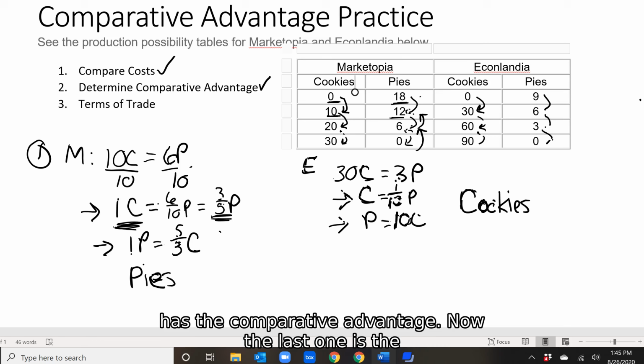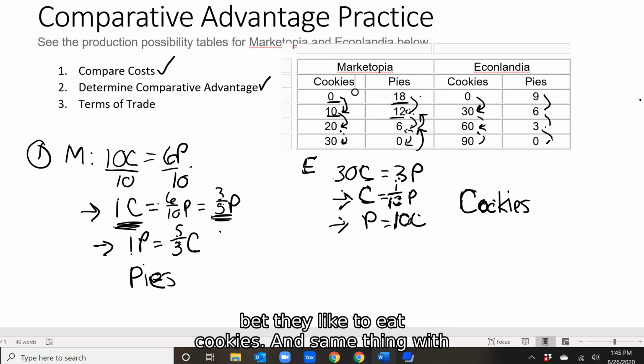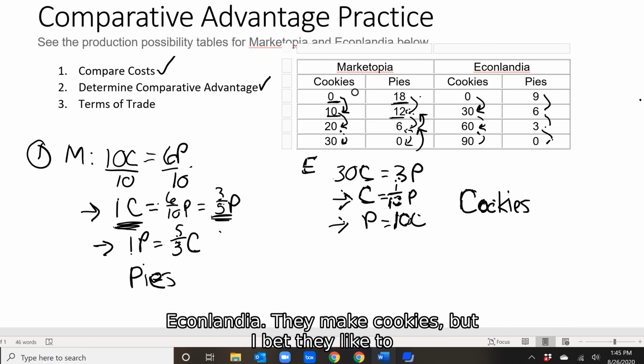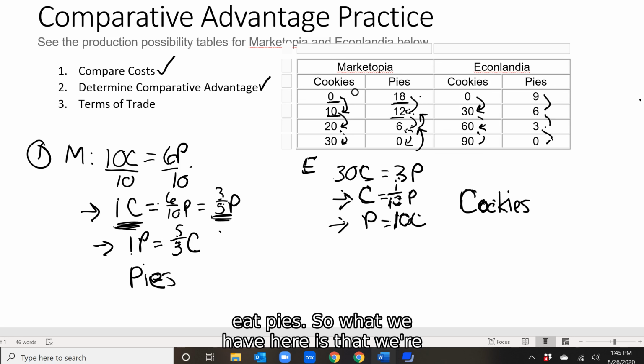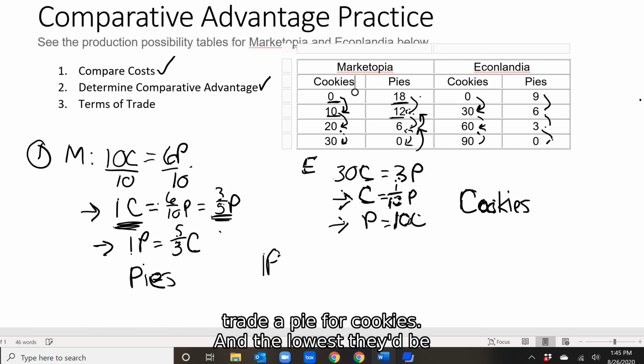Now the last one is the terms of trade. Marketopia may produce pies, but I bet they like to eat cookies. And same thing with Econlandia, they make cookies, but I bet they like to eat pies. So we're going to need to trade. Marketopia is willing to trade a pie for cookies.